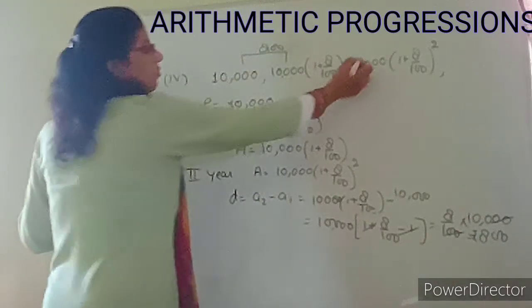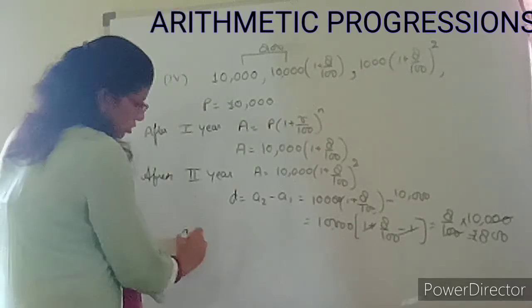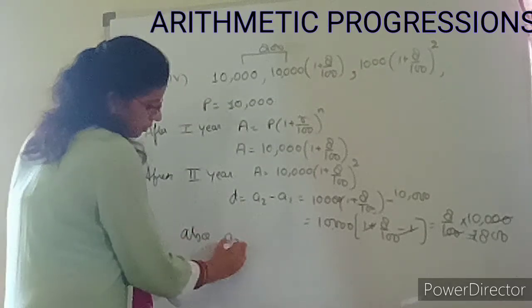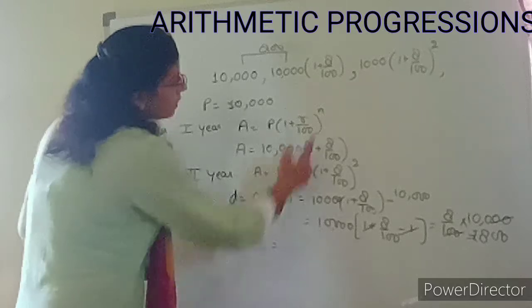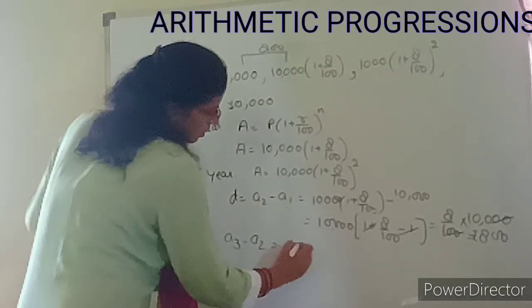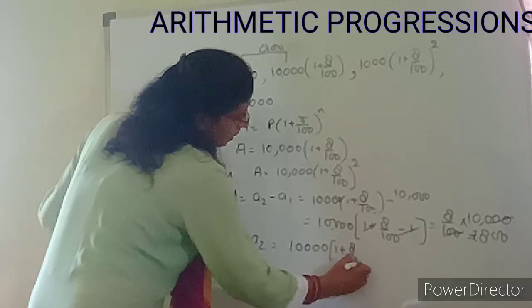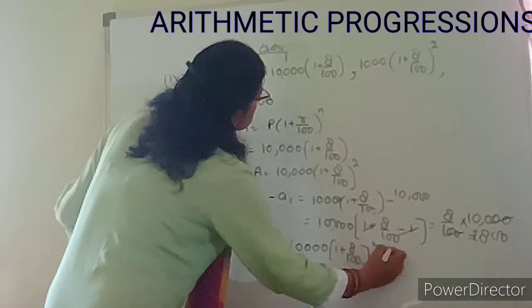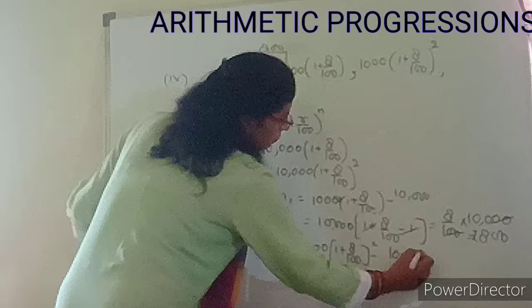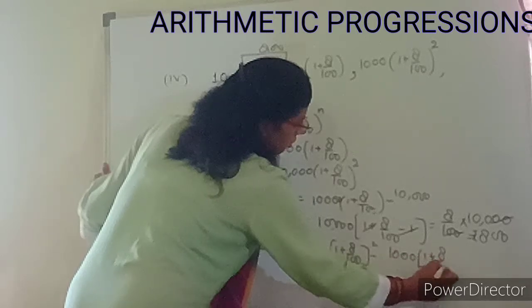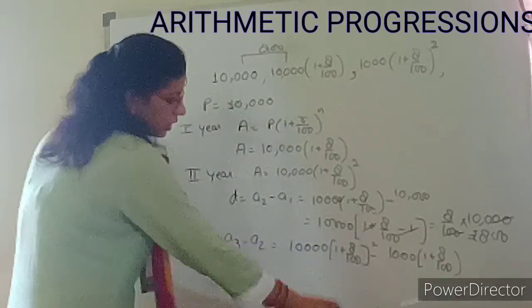Now find this difference also: A3 minus A2. That means this minus this: 10,000 times 1 plus 8 upon 100 whole squared minus 10,000 times 1 plus 8 upon 100. Now take the common.